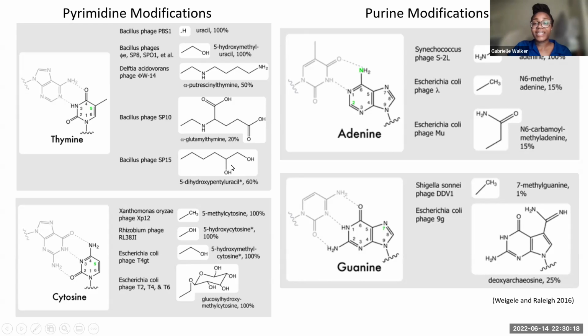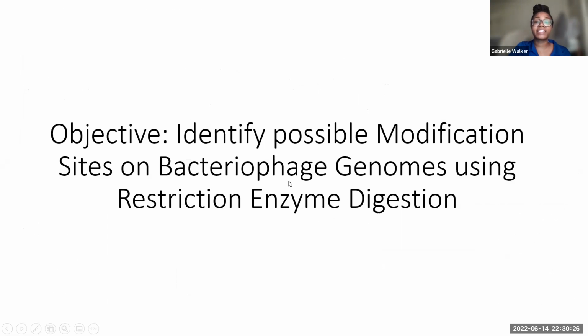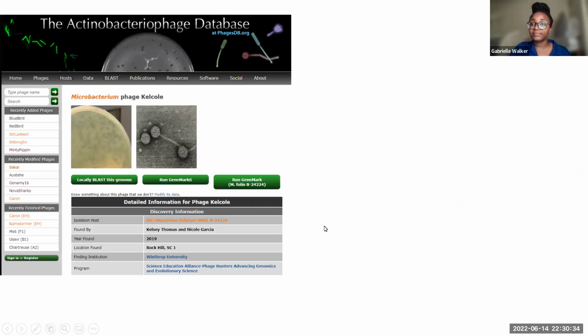Now that we understand how phages protect their genomes from restriction endonucleases, this leads to the objective of this project, which is to identify possible modification sites on bacteriophage genomes using restriction enzyme digestion. To achieve this, we first went to PhageDB to look at the sequenced phages from Winthrop's phage collection.